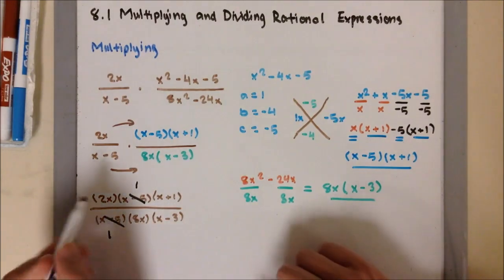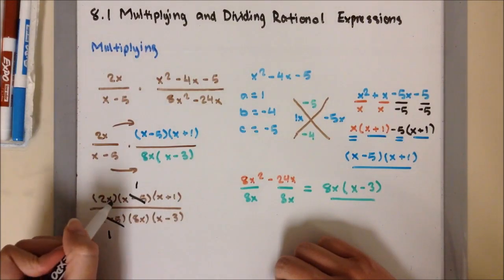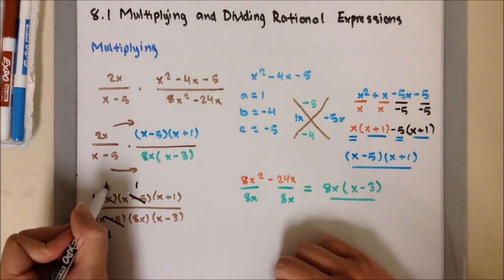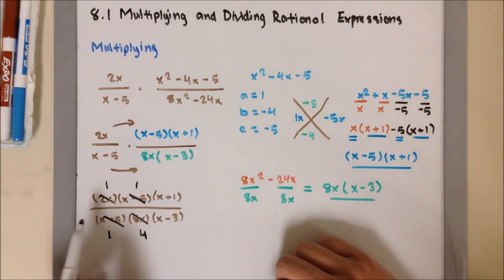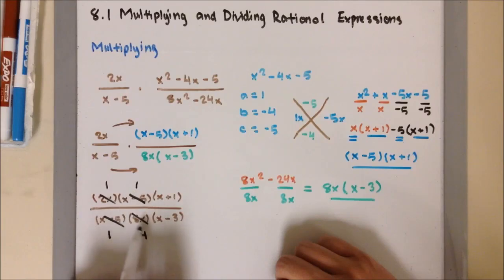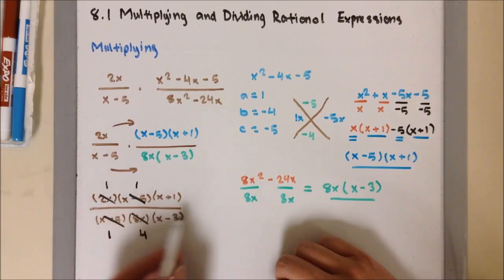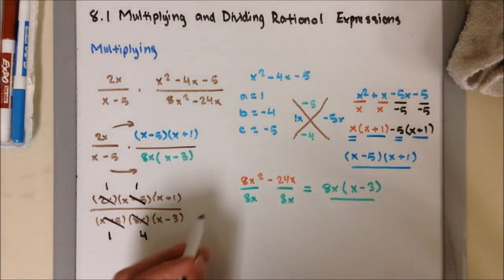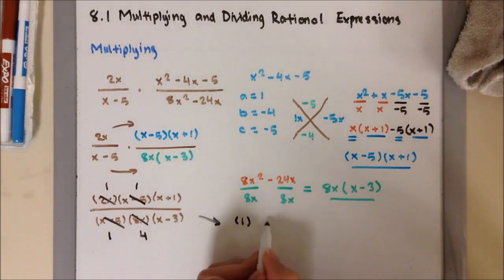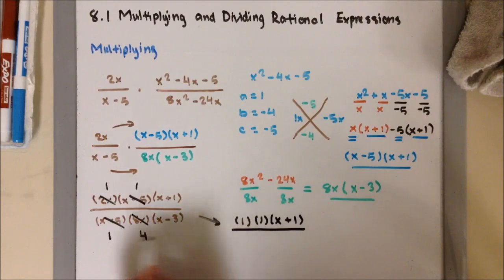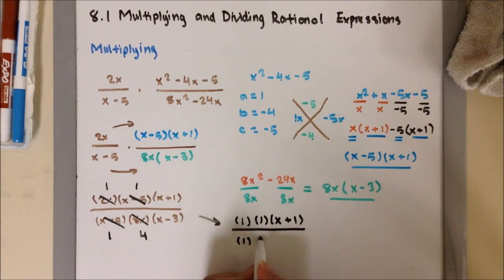So when I simplify 2x over 8x, the 2x will become 1 and the 8x will become 4. There's nothing else that we can divide with the common factors. Next, I'm going to write out what we have. We're going to have 1 times 1 times x plus 1 for the numerator, and then for the denominator, 1 times 4 times x minus 3.